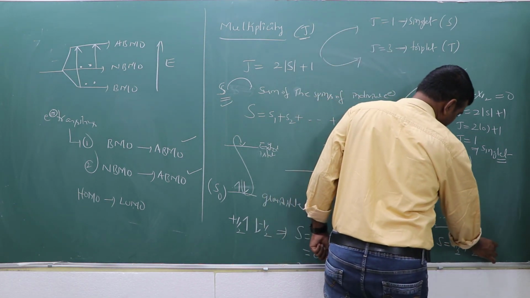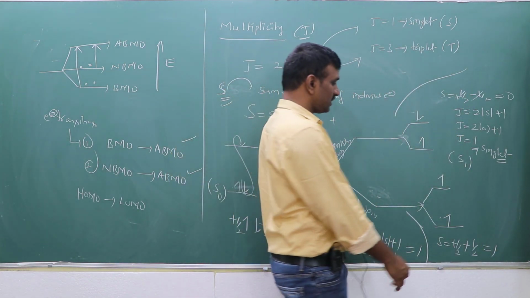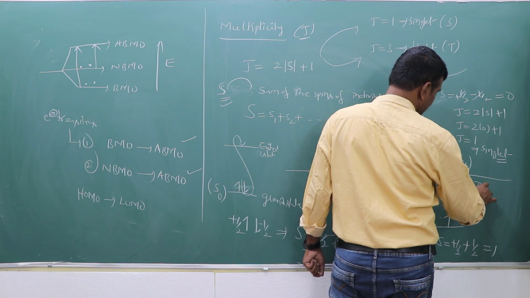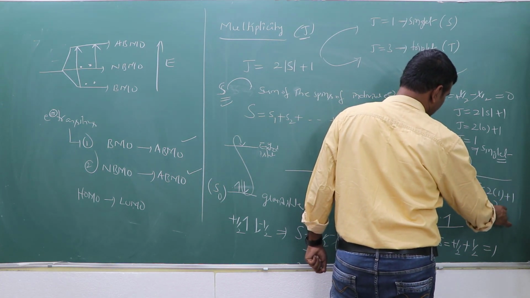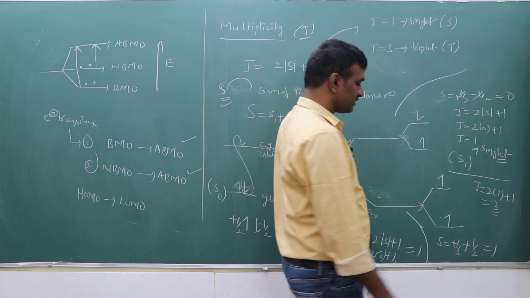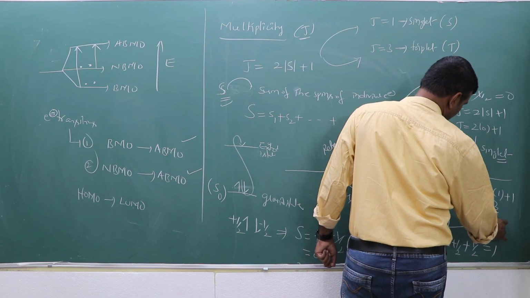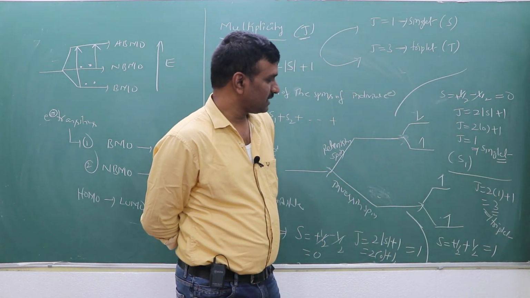Total S is equal to 1. When S is equal to 1, multiplicity is 2 into 1 plus 1, which gives 3. When the multiplicity is 3, that level is considered as the triplet level.